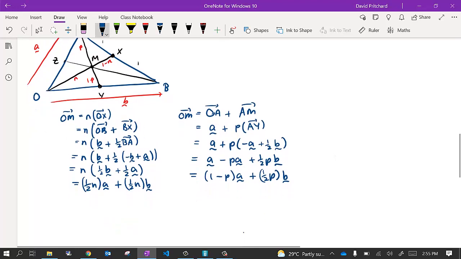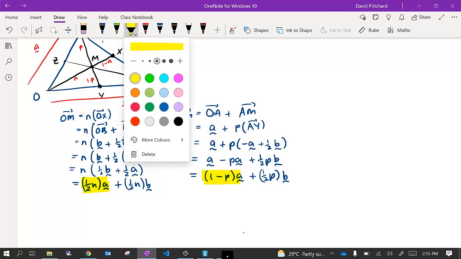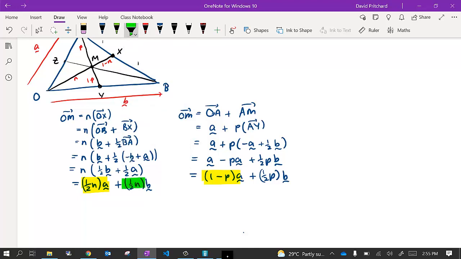Now here's a trick. Because these two things are equivalent, they're both OM, then we can equate the directions. So straight from here, we can say that this 1/2 n and this 1 take p is the same. And we can also say that this 1/2 n and 1/2 p is the same. So we've got 1/2 n is equal to 1 take p, and we've got 1/2 n is equal to 1/2 p.